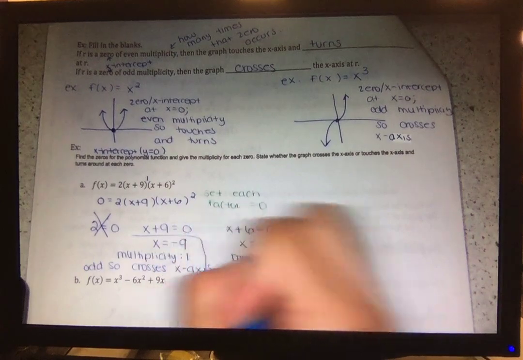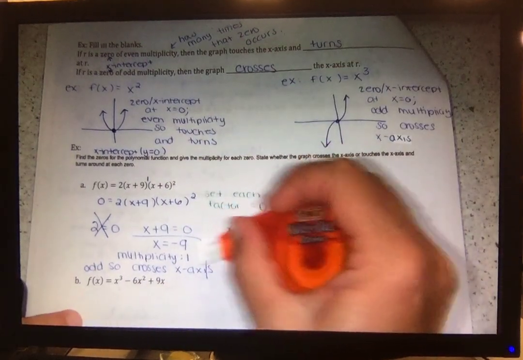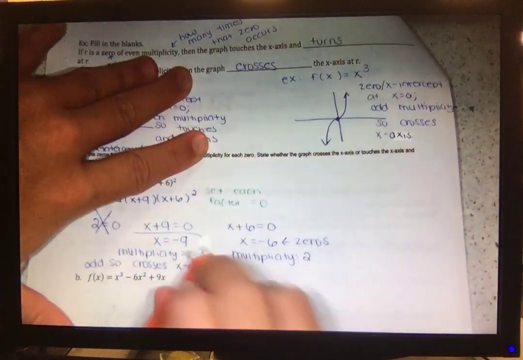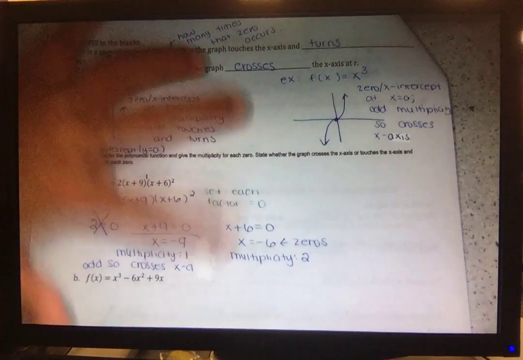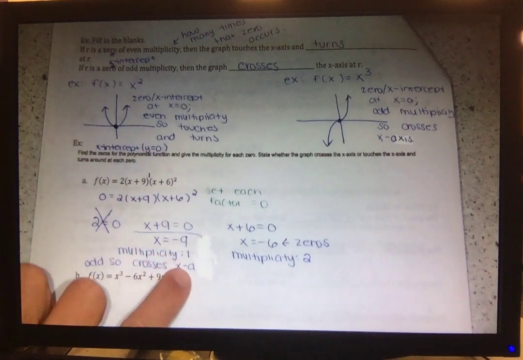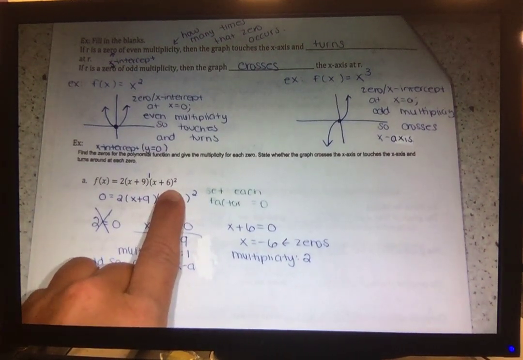That's done. Oh boy. Where did the multiplicity come from? From the exponent. So that factor is occurring 1 time, x plus 9 to the first power. So I know my multiplicity is 1. It's telling me how many times it's occurring. X plus 6 is occurring twice because it's squared.